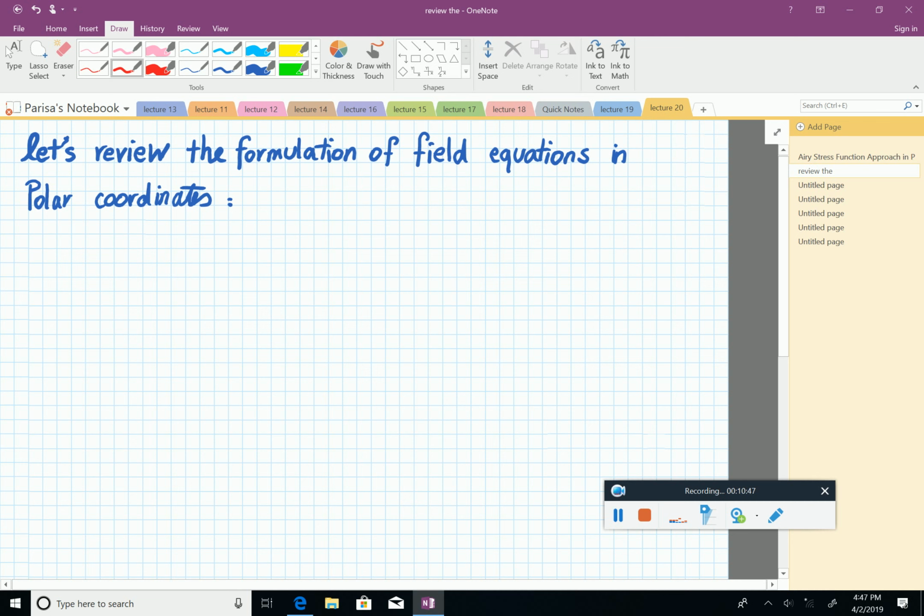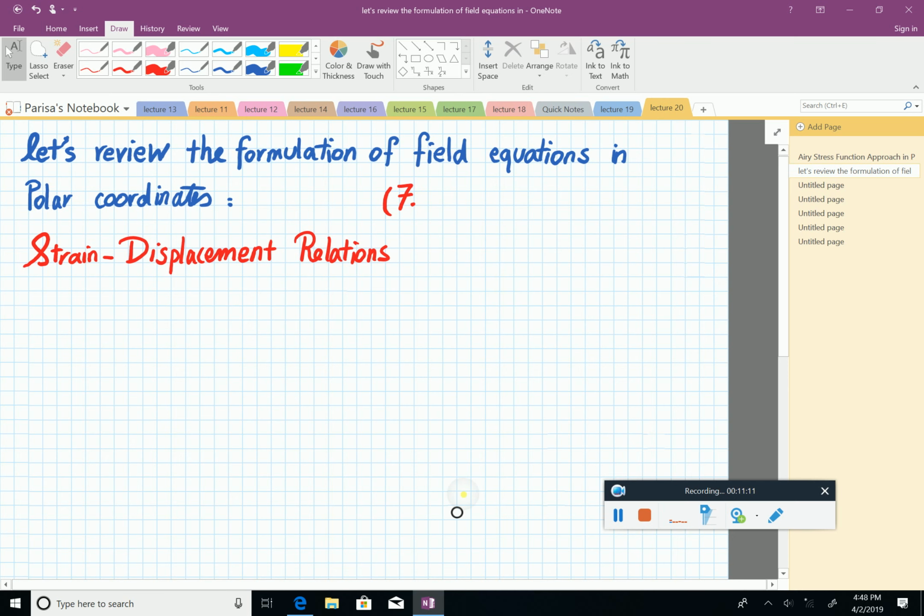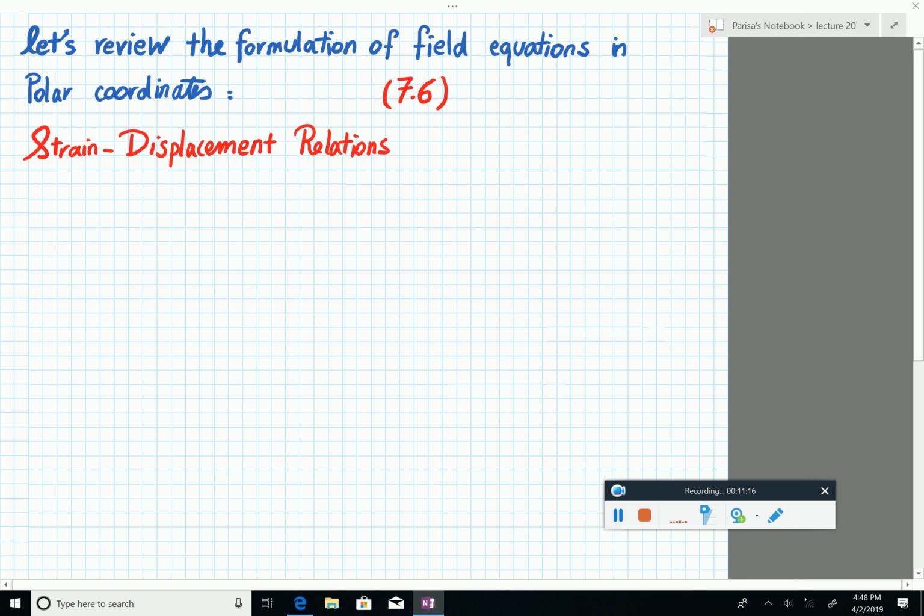We need to look at the strain displacement relations. If you want the long list beyond what we can write in class today, this is at the end of chapter 7. I skipped it and moved to chapter 8, and now I'm just giving you the polar coordinate formulation. Go back to chapter 8 for the examples.